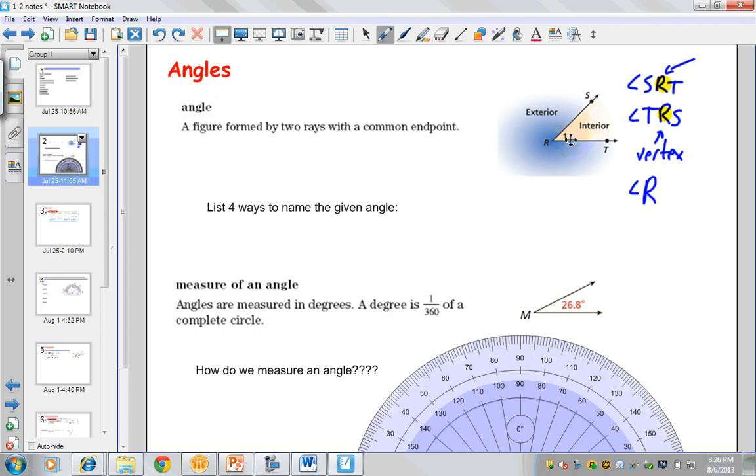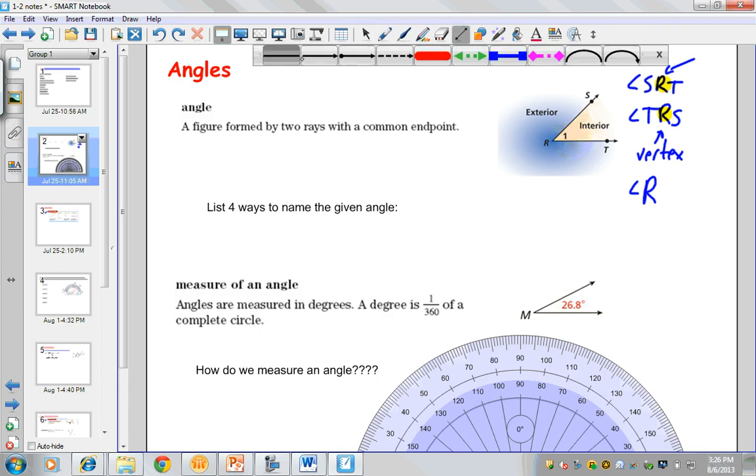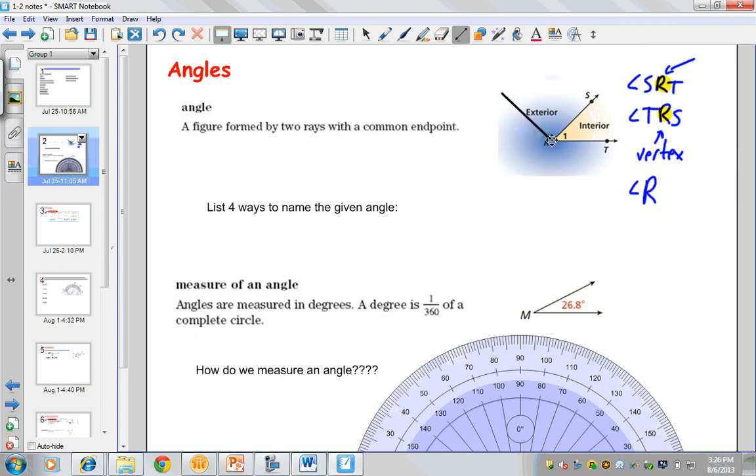But sometimes you might be given a situation where you have multiple angles being created. So let's say if I was to add another angle or point, and we'll just call this W. Well, if you were going to use angle R as a label, unfortunately angle R would count for all of this. Okay?